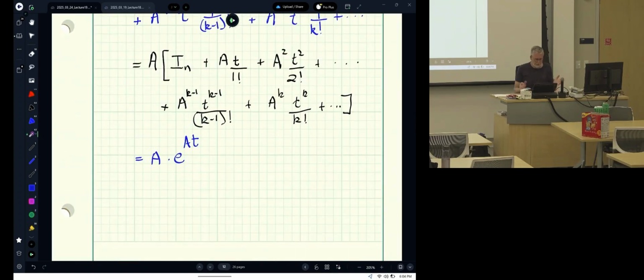So the fact that d by dt of e to the At is A times e to the At gives us that the matrix exponential solves linear differential equations.